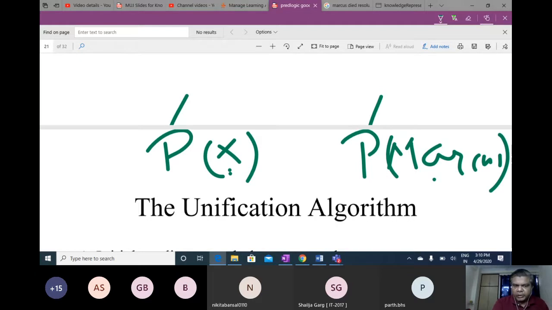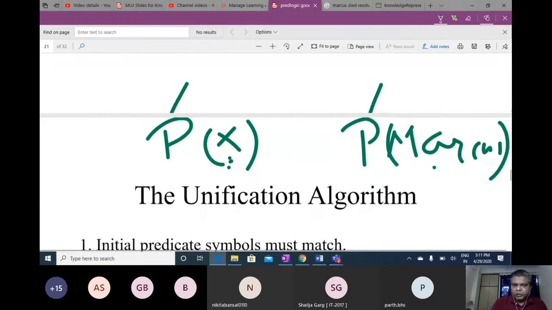So after finding that both P are the same, we try to see if X and Marcus are the same. If they are not the same, can one be replaced by another? So if we substitute Marcus in place of X, then both of them will become the same. We find that X is a variable, Marcus is not a variable. So if we replace X by Marcus, then both of them will be the same.